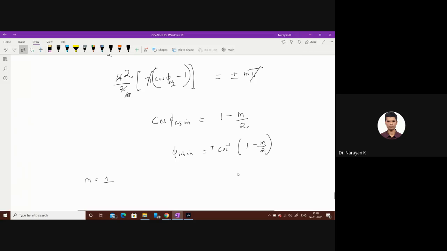So your plus minus will come. So this will be equal to plus minus 60 degrees. Substitute m is equal to 2. Plus or minus 90 degrees. 3.